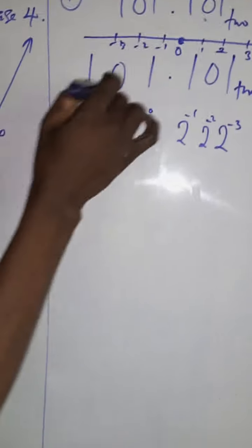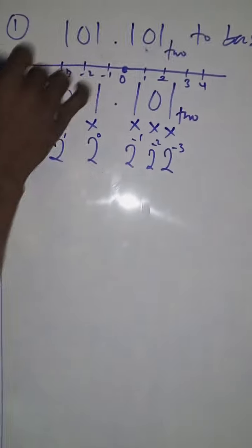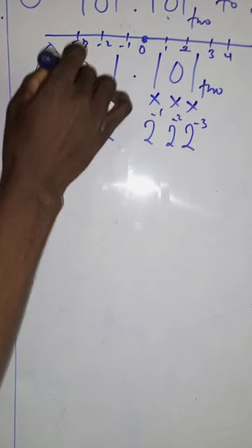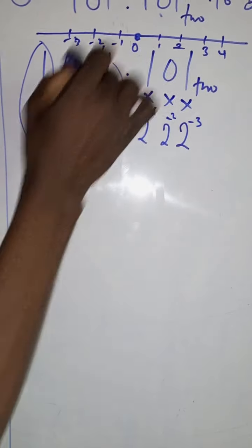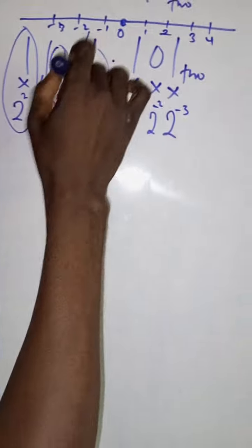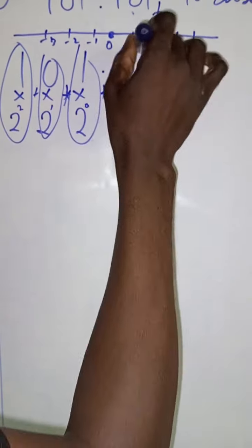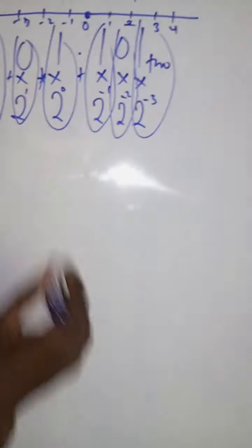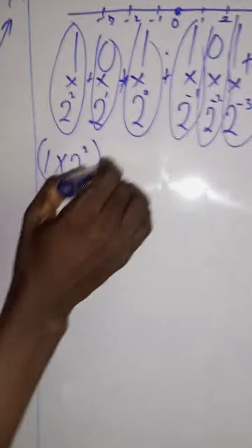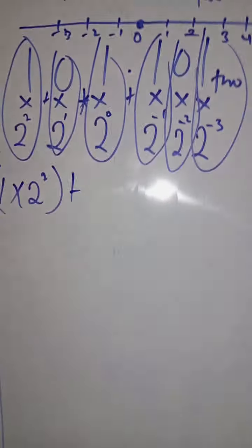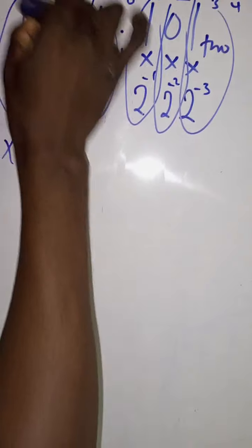Then we can now put our multiplication, and we begin to add each of them like we normally do. Multiplication, addition in between. Now let's apply that. This will now be 1 times 2 raised to power 2. Let's add. Like I told you that time, always disregard that 0.